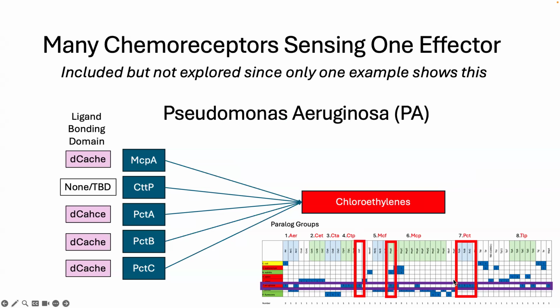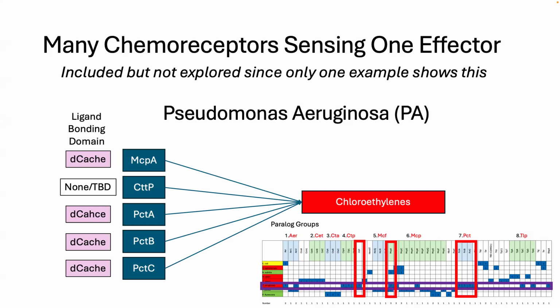These are the five different chemoreceptors. And I did notice that four of the five actually have the same ligand binding domain. And this other one, the way it's listed is none, but I wonder if that means that it just hasn't been figured out yet. So maybe that might be one of the things that would be interesting to think about.